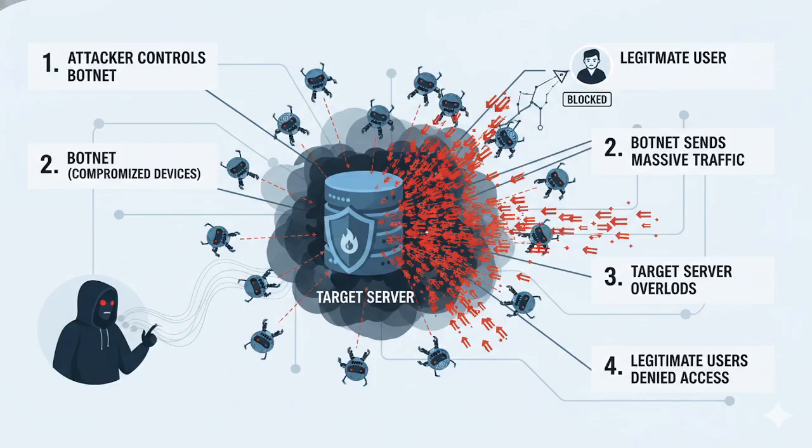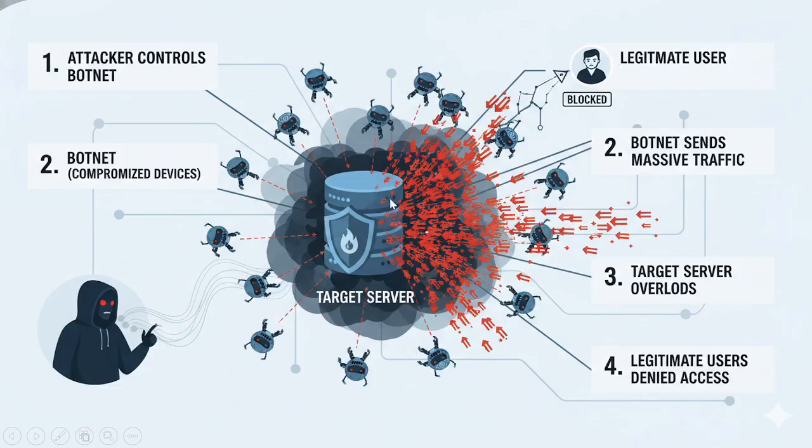Consequently, legitimate users are denied access. So this is the legitimate user, and you can see this user is blocked because of this attack. As depicted, the legitimate user is blocked and unable to reach the now overwhelmed server.